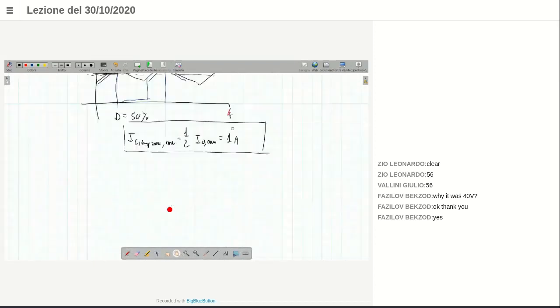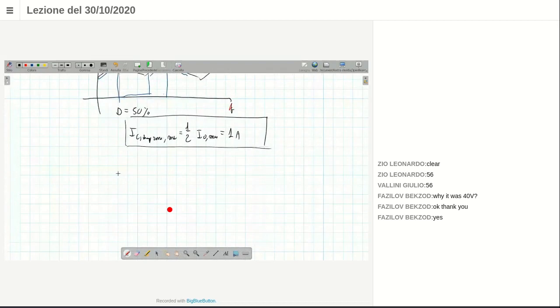In practice, real world capacitors, and in particular electrolytic capacitors, which are used very often as C-in and C-out in these applications, have an equivalent circuit like this, that includes, of course, the capacitance C, but also a parasitic series resistance, ESR, and a parasitic series inductance, ESL.